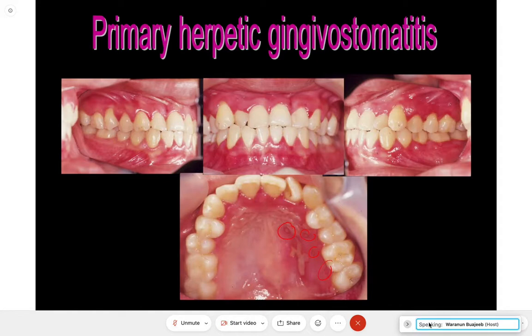So with the clinical presentation like this, together with the marginal gingivitis and history of fever a few days before developing all these lesions, you should be able to diagnose this as primary herpetic gingivostomatitis, most likely caused by herpes simplex virus type 1 and type 2. Okay?